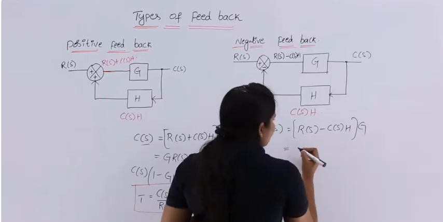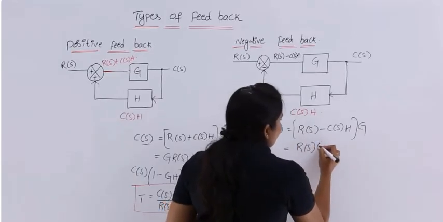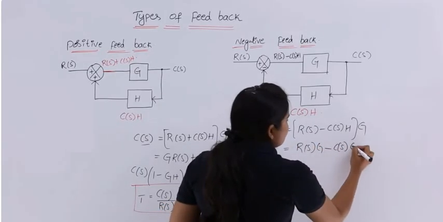So this is equivalent to R(S) into G minus C(S) into GH.